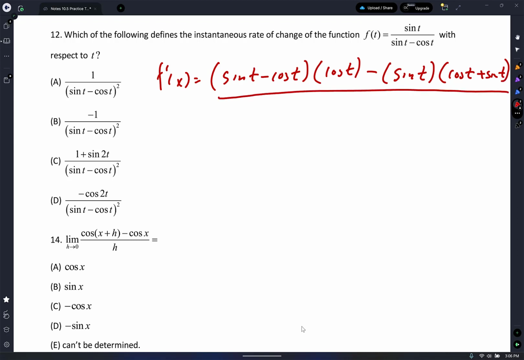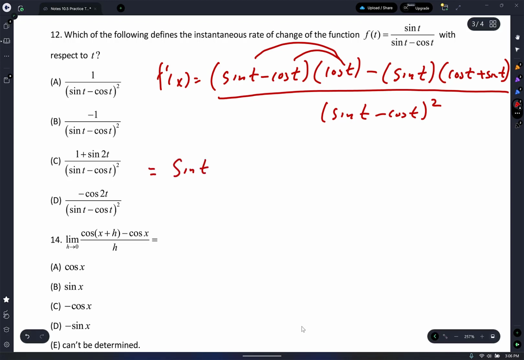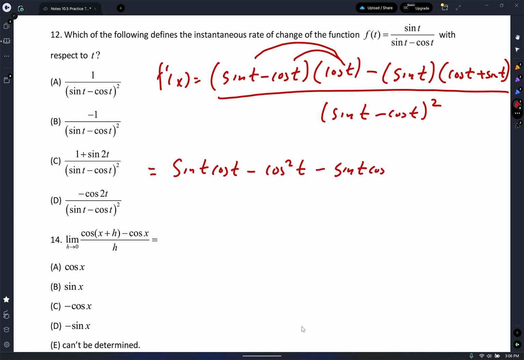All this is over the denominator. Notice that answer initially is not there, at least not like that. You're going to have to do some algebra, just distribute. So here's what I have now: sine t cosine t minus cosine squared t, and then minus sine t cosine t, and then don't forget that negative there, minus sine squared t.